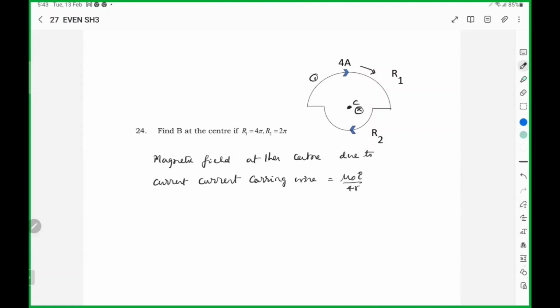If it is a circular wire, at center, magnetic field is mu naught I by 2R. If it is a semicircular wire, magnetic field at the center will be mu naught I by 4R.